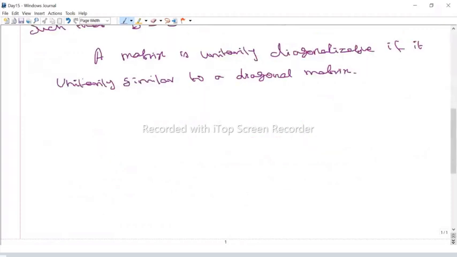Now the lemma, called Gauss lemma. There are two lemmas.